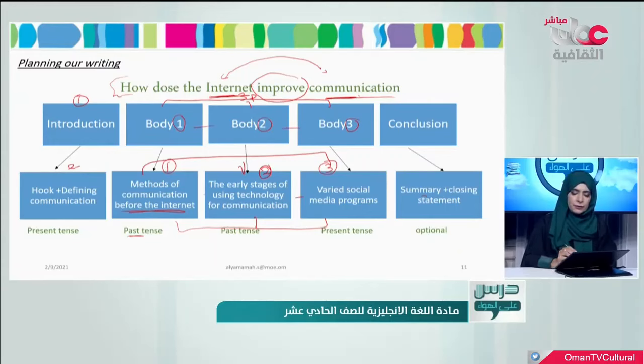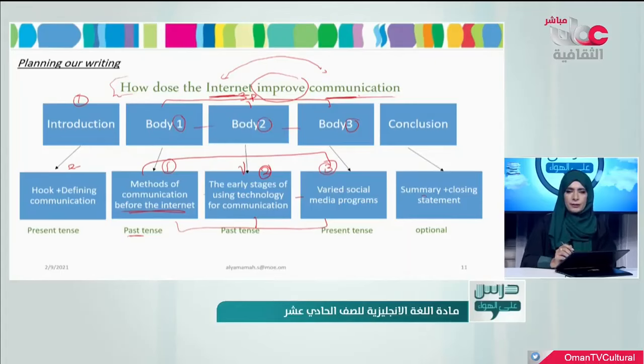Then let's move to paragraph number 3, varied social media programs. It is the age of using social programs or social media programs. So nowadays, for example, we have Twitter, we have Instagram, we have Facebook, we have Snapchat.